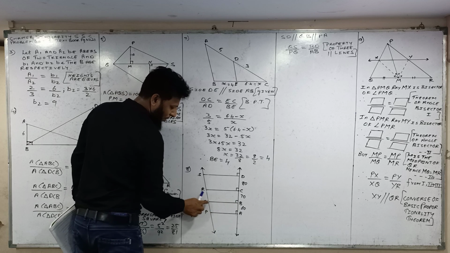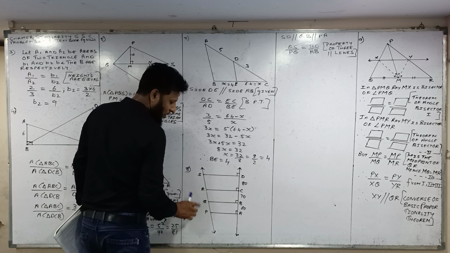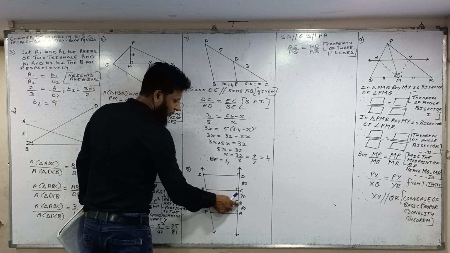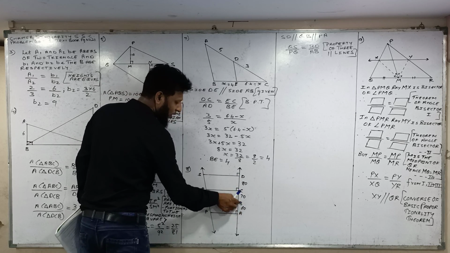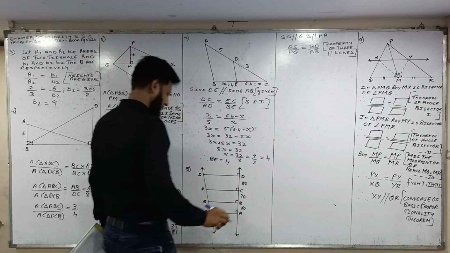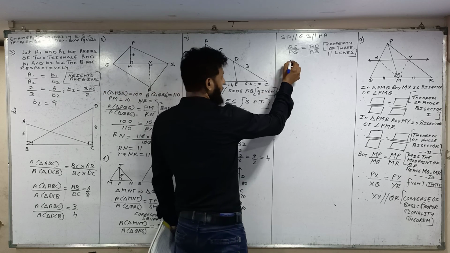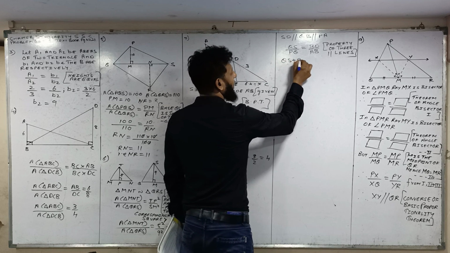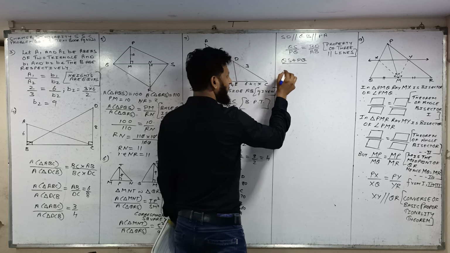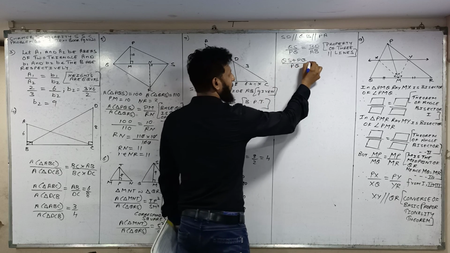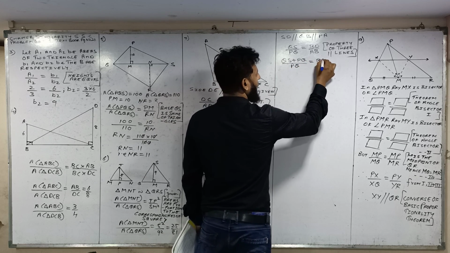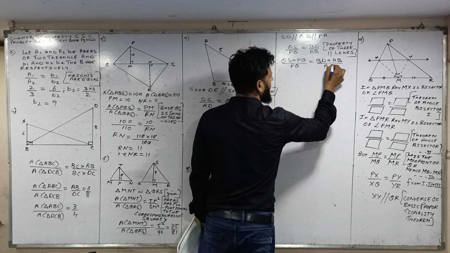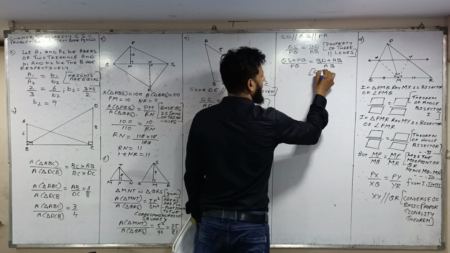This PA is parallel to QB and SD, so QS upon PQ is proportional to BD upon AB. Now QS plus PQ upon PQ as it is, BD plus AB upon AB. This is known as componendo.